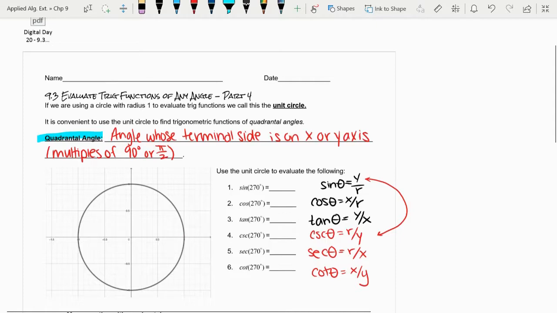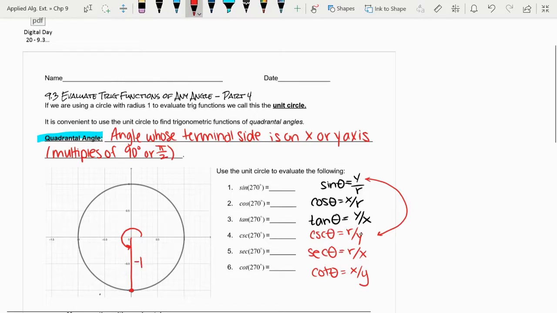So when we get a quadrantal angle, what we're going to do is create a point on that angle. So these are all 270 degrees. I'm going to put our angle at 270, right? This would be 90 here, 180 degrees, 270 would be right here. And you could draw this line to wherever you want, but to make our lives easy, we'll always go 1 unit. And here we went 1 unit down, so I should really put -1 unit.